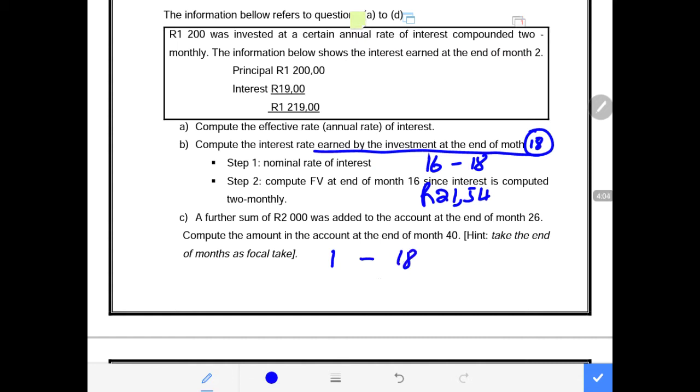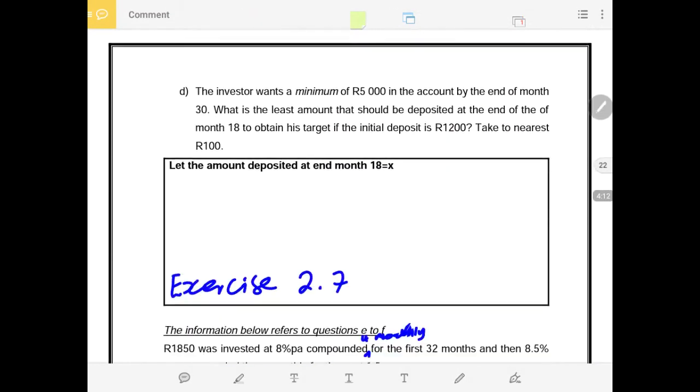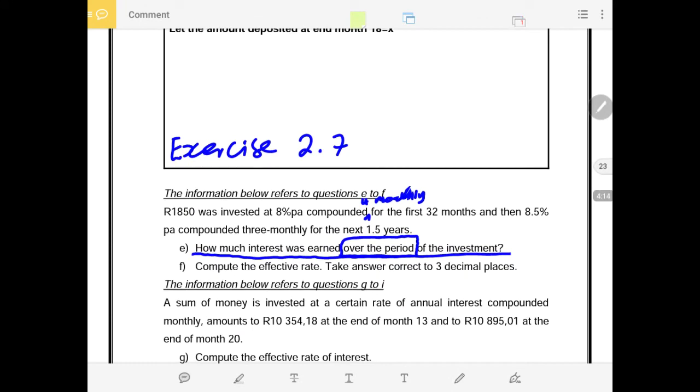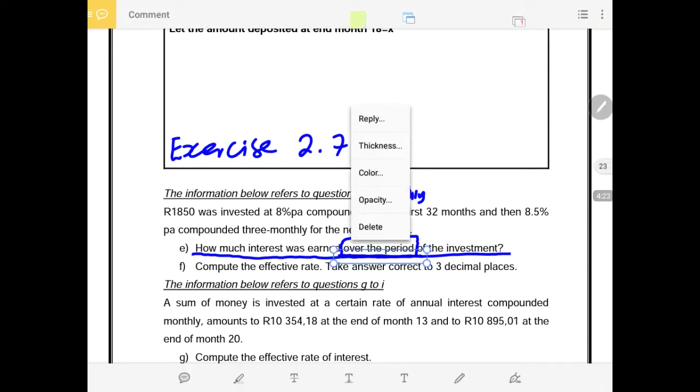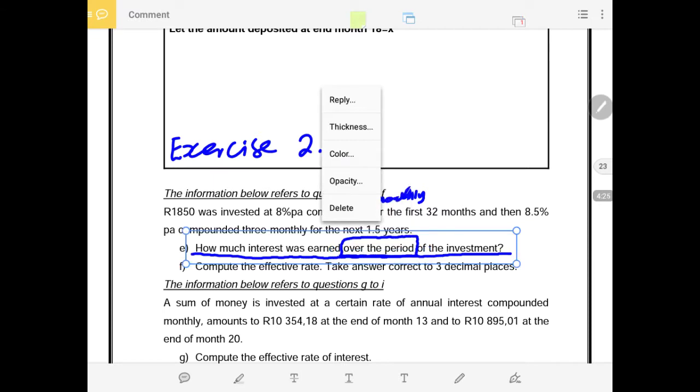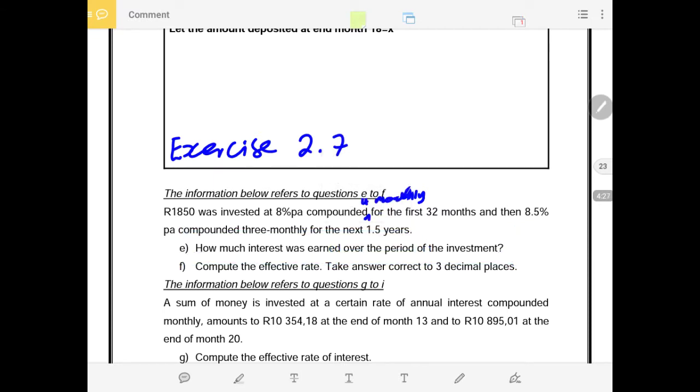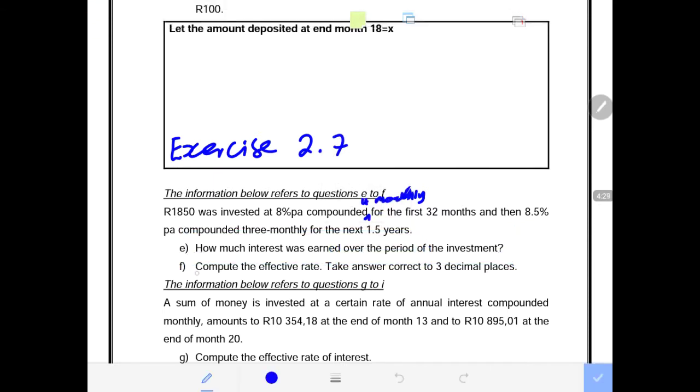No, it was only for the last period, month 16 to month 18. They did not say for the period of the investment. However, in this question, they made it very clear that the interest is for the period of the investment, meaning from day 1 up until the last day of the investment. Then after, we are to compute the effective rate of interest.